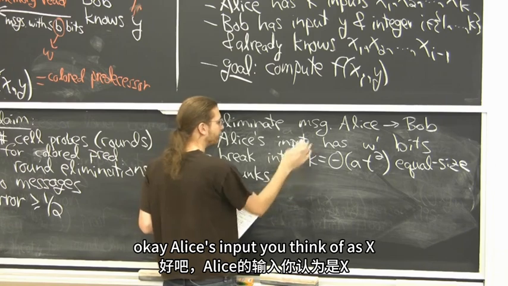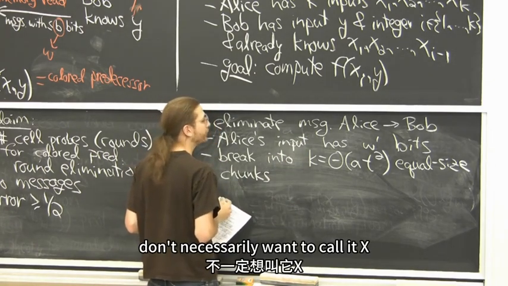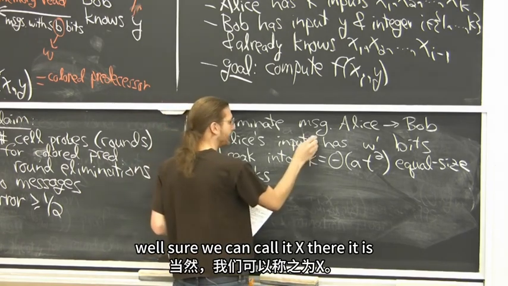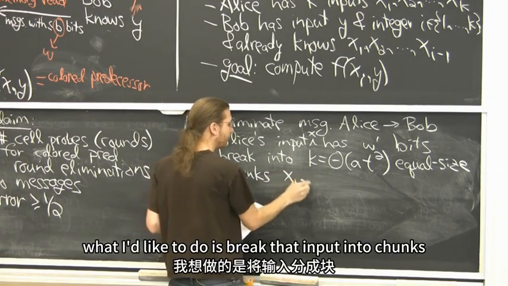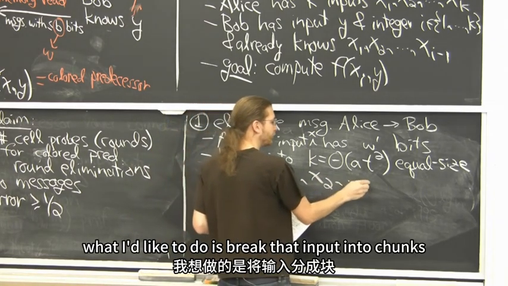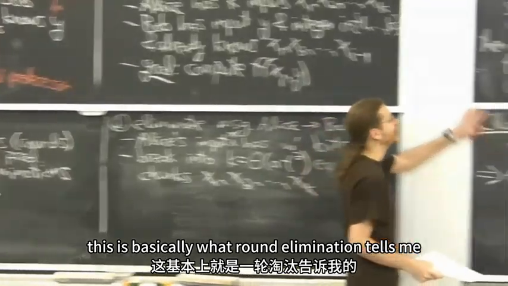Alice's input you think of as X. What I'd like to do is break that input into chunks, x1 up to xk. This is basically what round elimination tells me I should do.